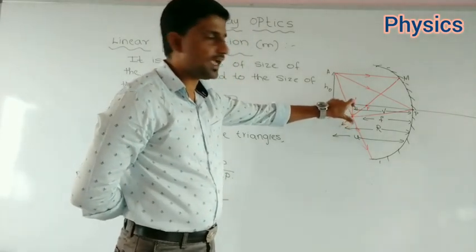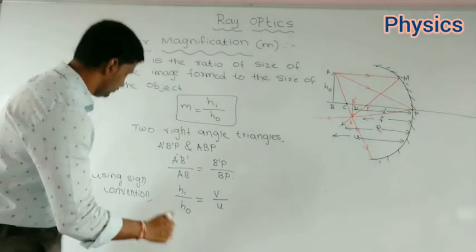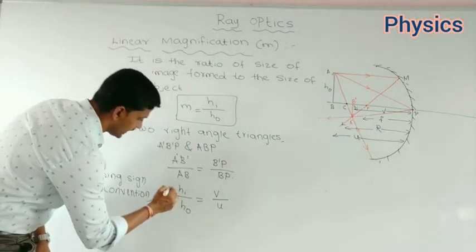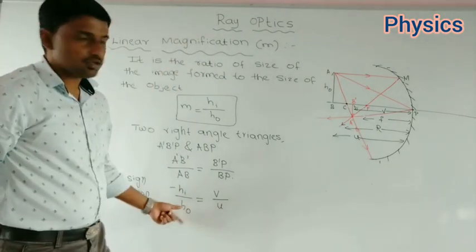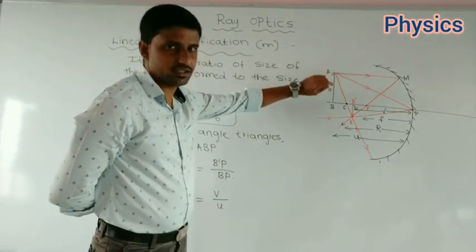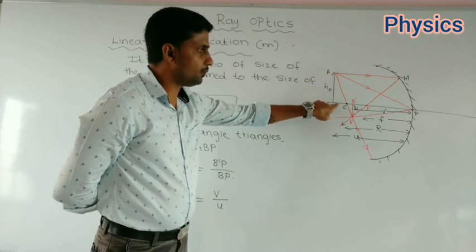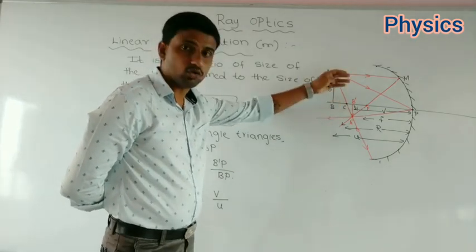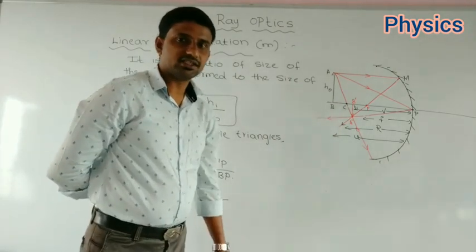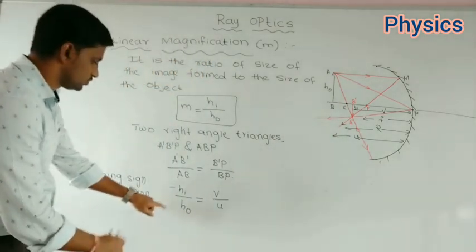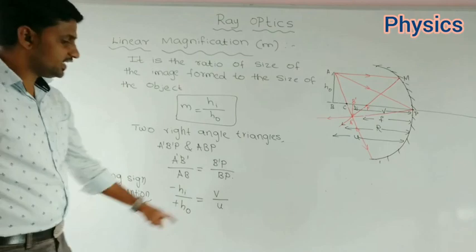Height below the principal axis is always taken as negative according to the Cartesian sign convention. And h0 is the height of the object, which is above the principal axis, so it is positive.